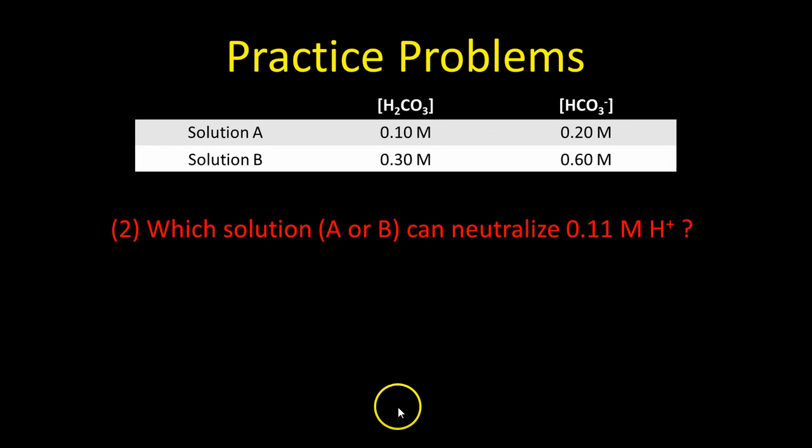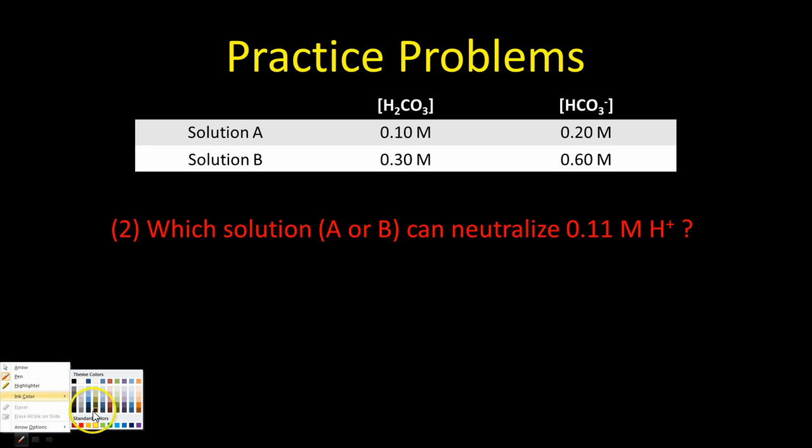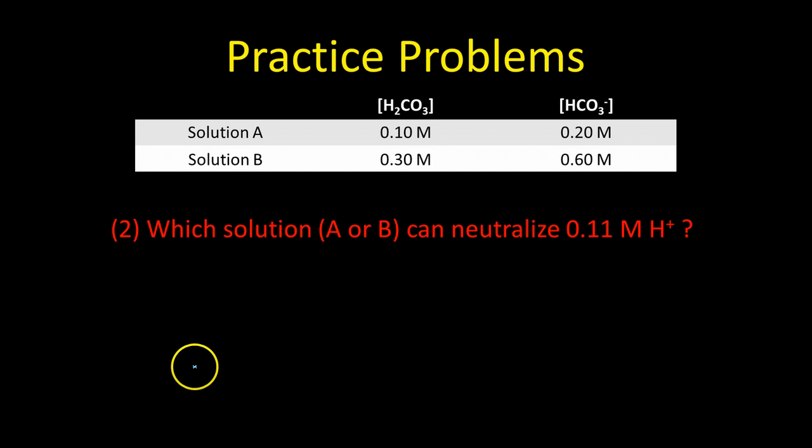The question is, which solution can neutralize a 0.1 molar addition of protons? So if you add a strong acid like hydrochloric acid, and we look at solution A here, what we're really worried about is the ratio of your conjugate base to your acid.